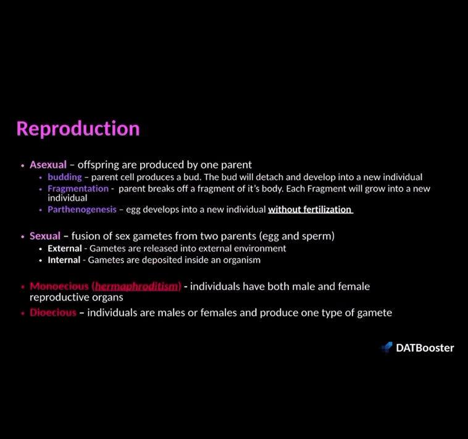You might encounter the term monoecious or hermaphrodite or hermaphrodism. That's just referring to individuals that have both male and female reproductive organs. A species is dioecious, or sometimes referred to as sexual dimorphism, when they have either male or female reproductive organs and produce only one type of gamete. So we, as a species, are sexually dimorphic.